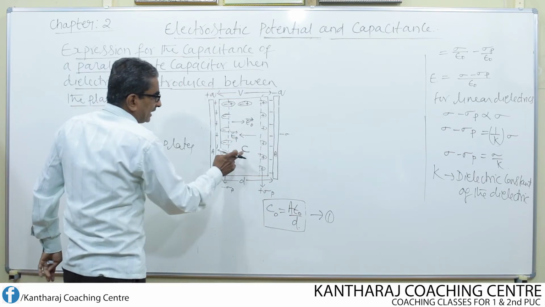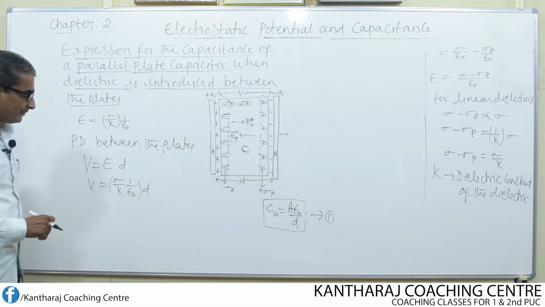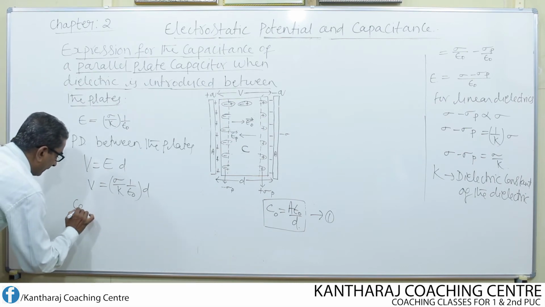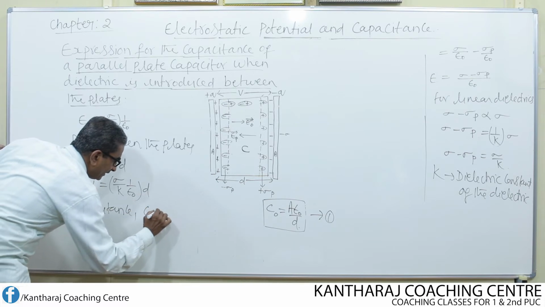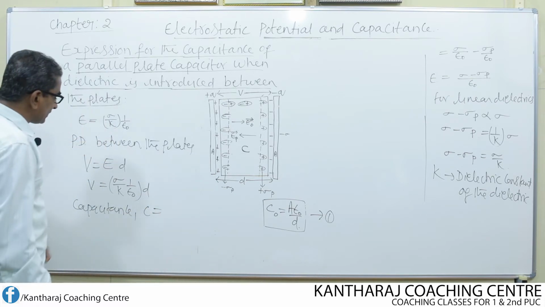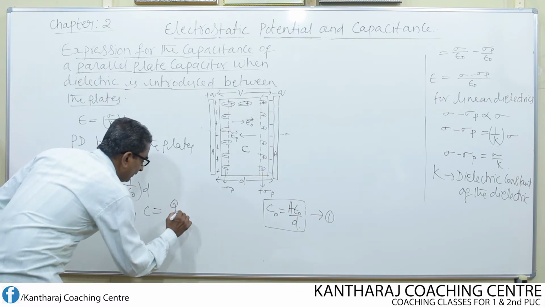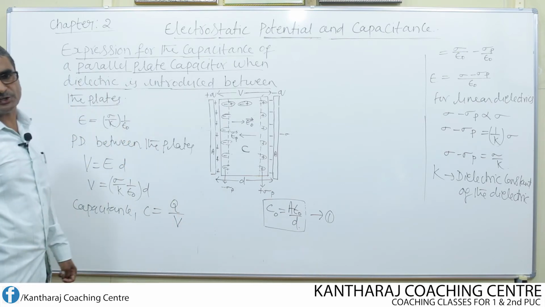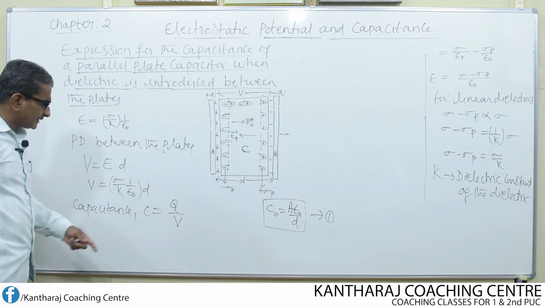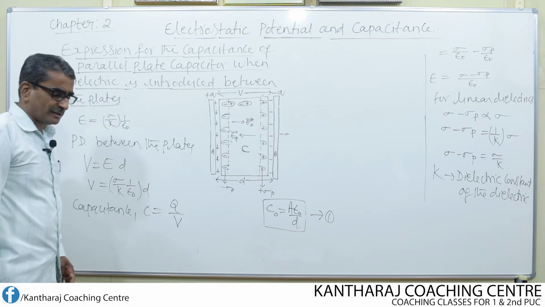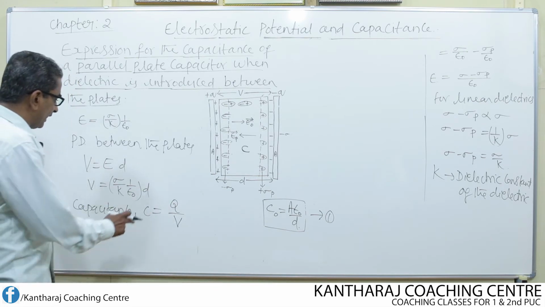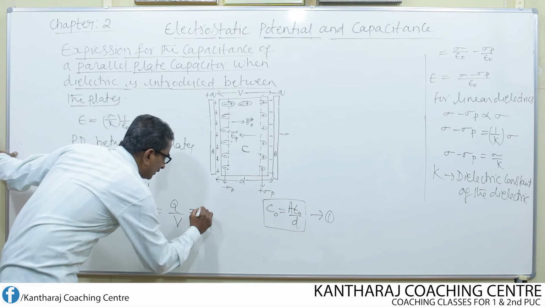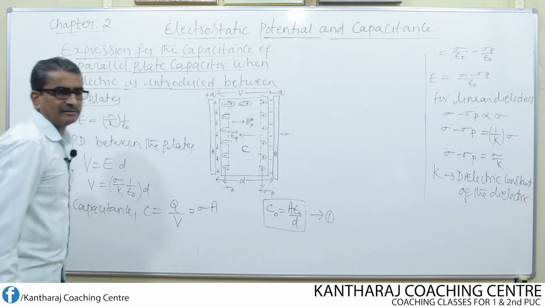After introducing the dielectric, the capacitance is C. What is the formula? Capacitance is given by Q divided by V by definition. Let us substitute for Q and also for V. I can substitute for Q as sigma into A.